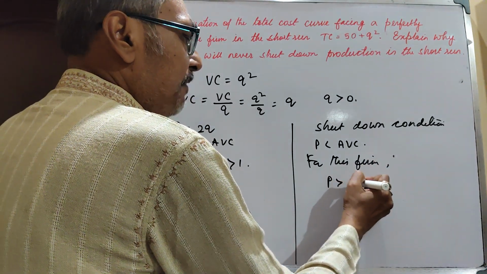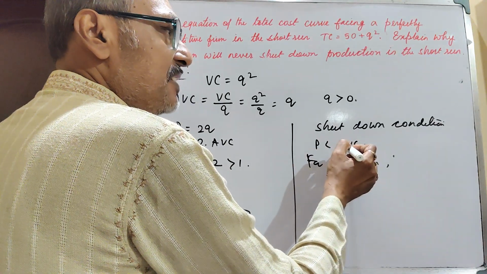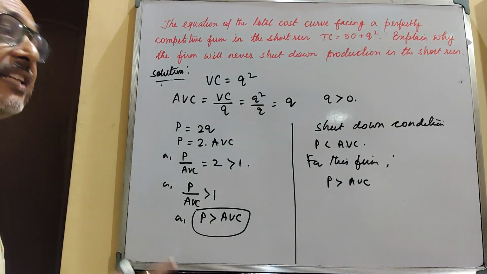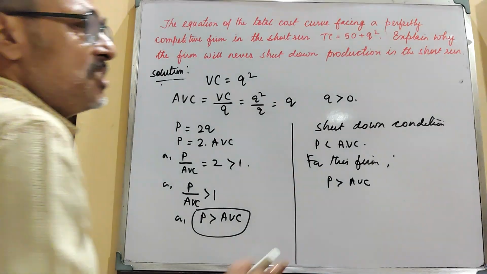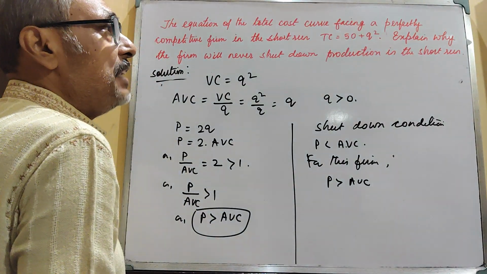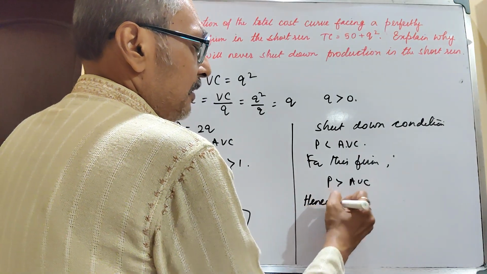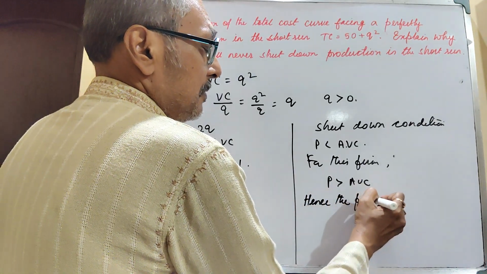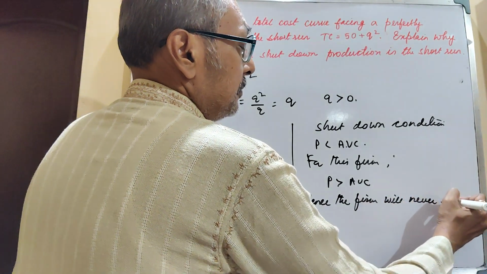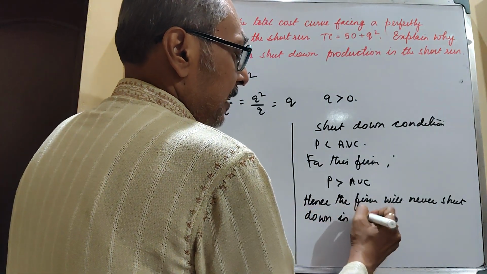But for this firm, P is greater than AVC, which is the opposite of the shutdown condition. Since P is always greater than AVC, the firm will never shut down in the short run.